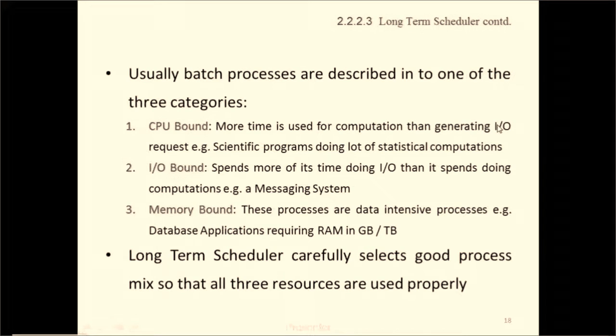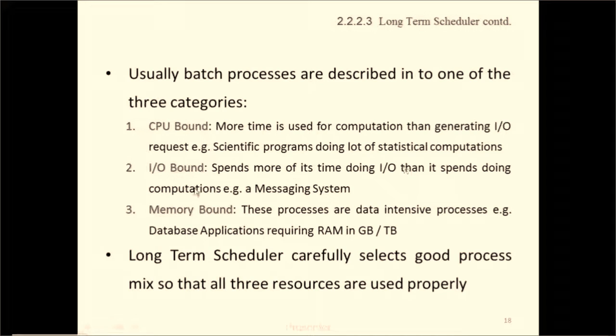So processes which fall in this category typically require very little IO, might require a lesser amount of memory, but they heavily demand CPU time, because what they are typically doing are statistical computations, something that is needed in scientific programs. And for statistical computations, what they need most is CPU, right?